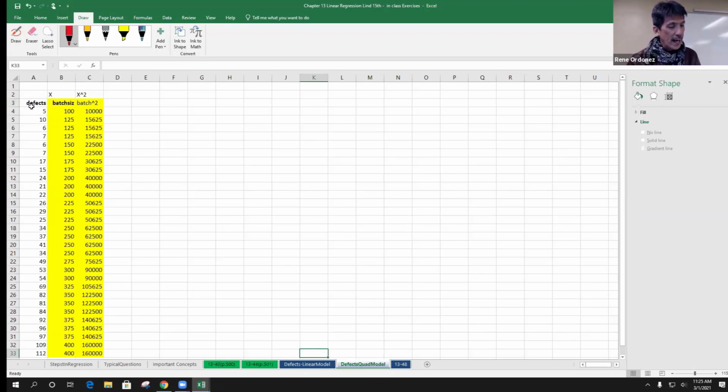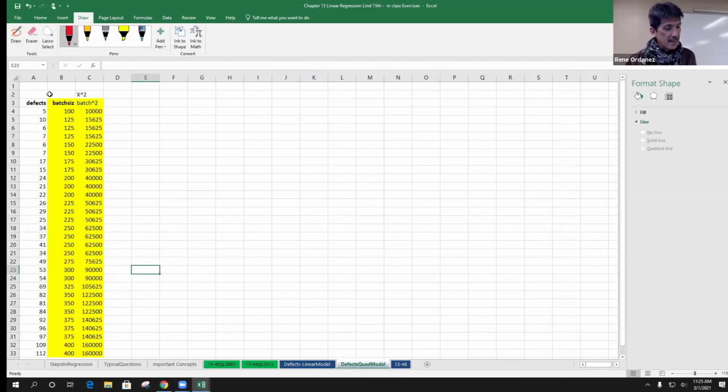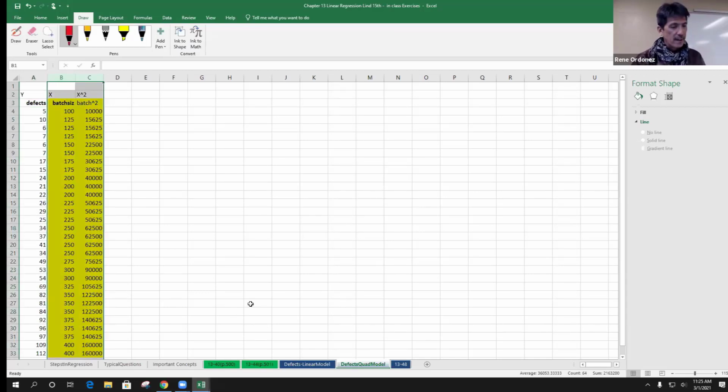I have recreated, or copied, the original data set where you have X and Y. So this is Y, and you have two predictor variables: the original variable batch size and batch size squared. So column C here was computed based on the squares of these numbers.